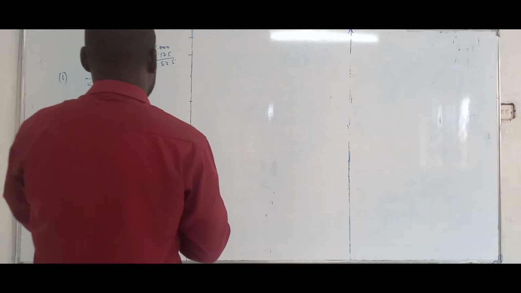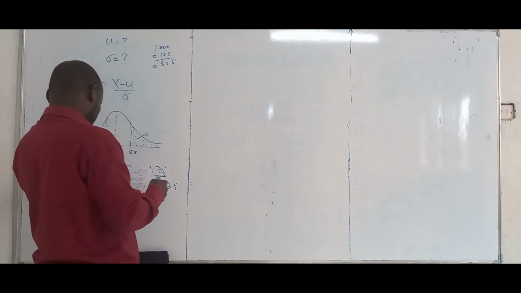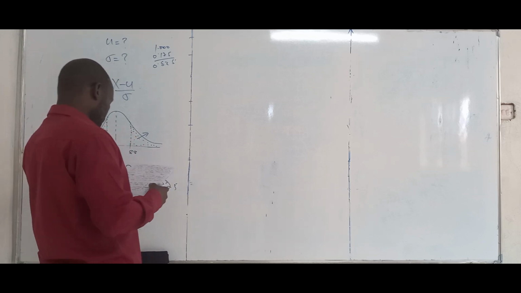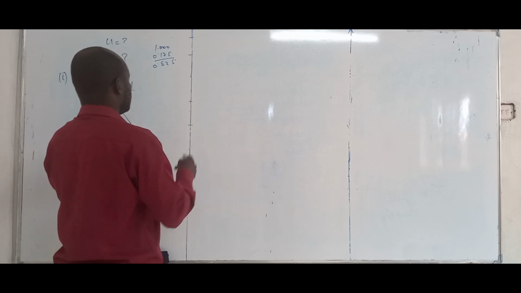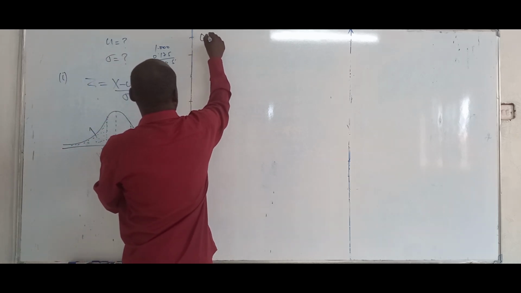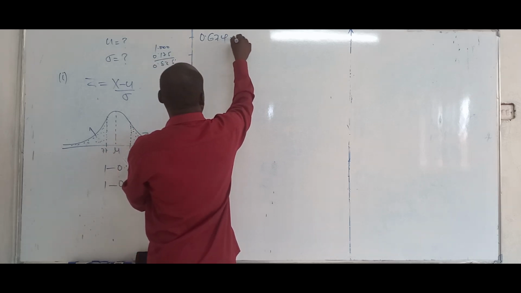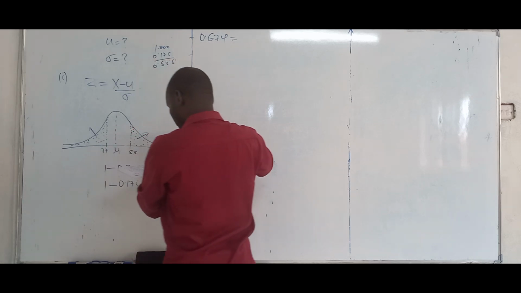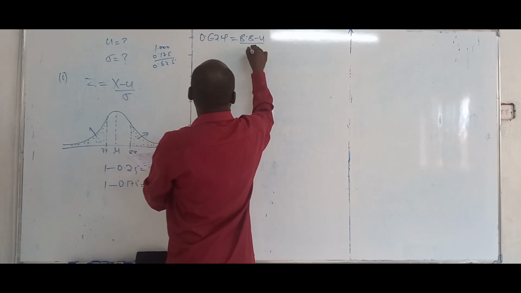In the first case, as we have seen, the corresponding value of z is 0.674. So we say that is equal to 8.8 minus mu all over the standard deviation.